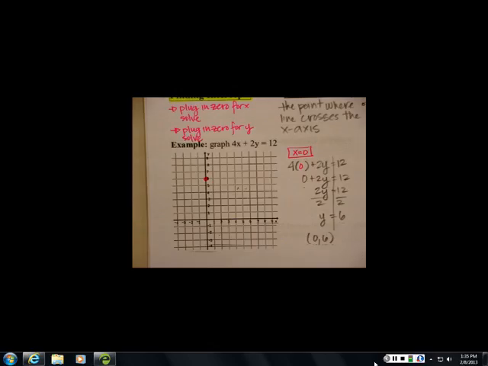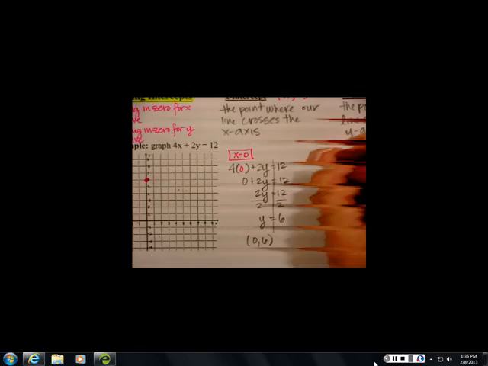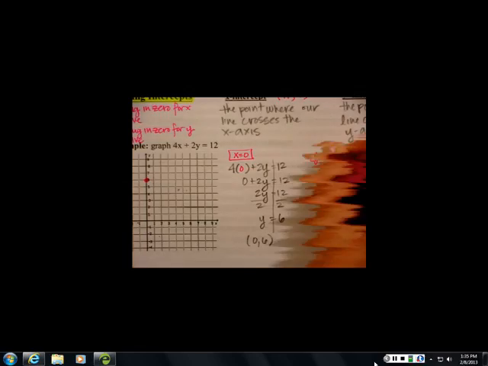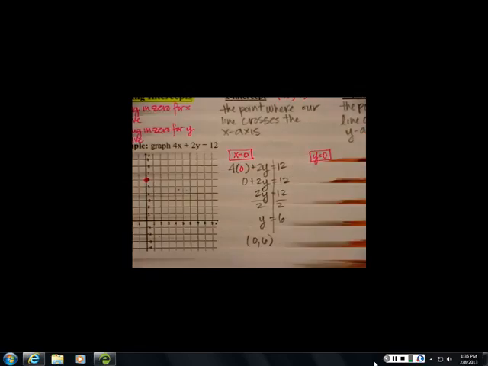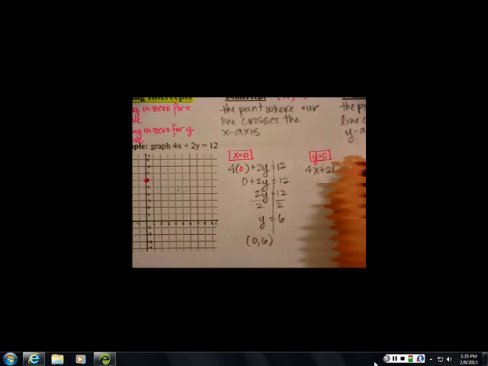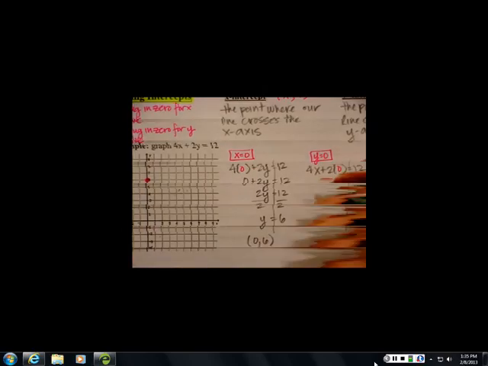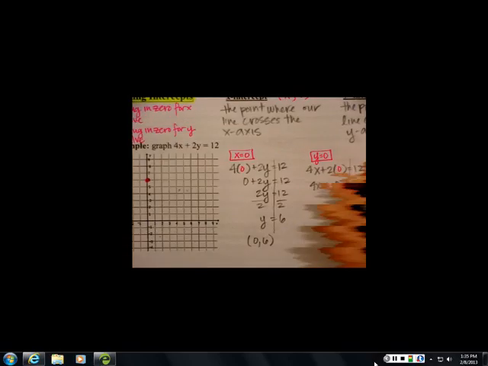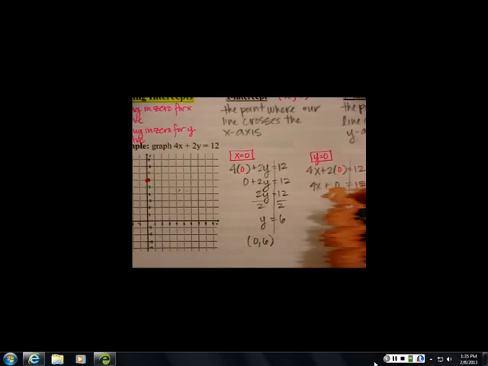To find the x-intercept, I'm going to plug in y equals 0 and see what happens. 4x plus 2y equals 12. I'm putting in 0 for y. This is 4x plus 0 equals 12. 4x equals 12.